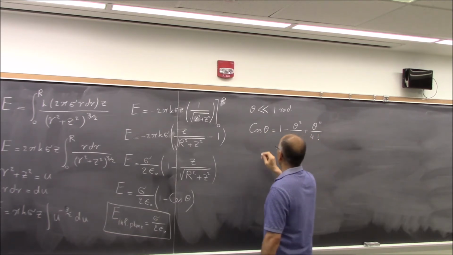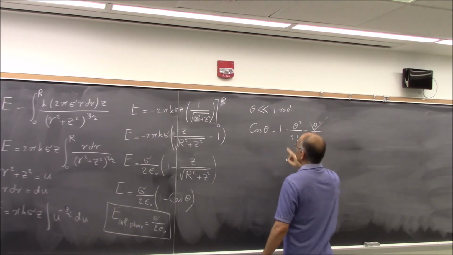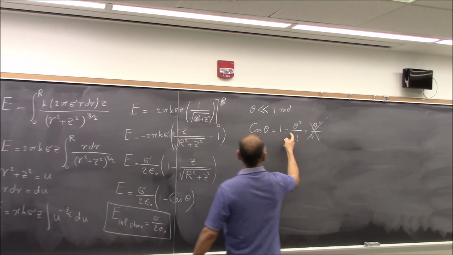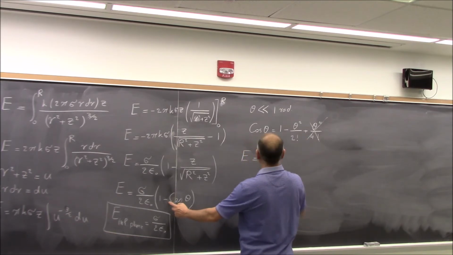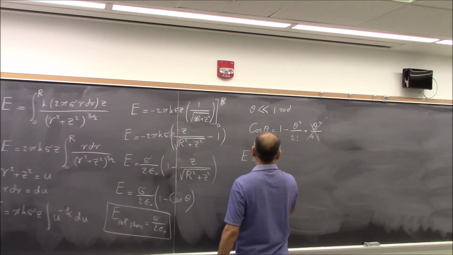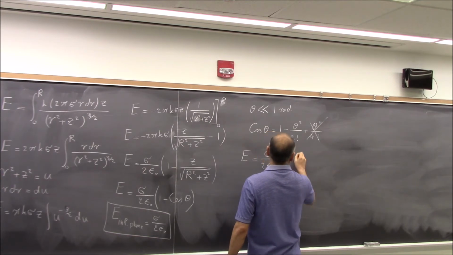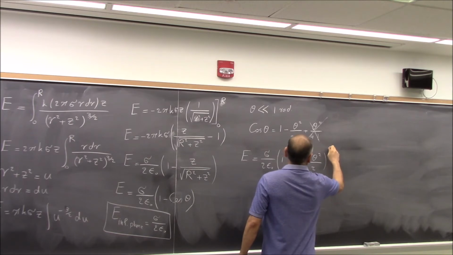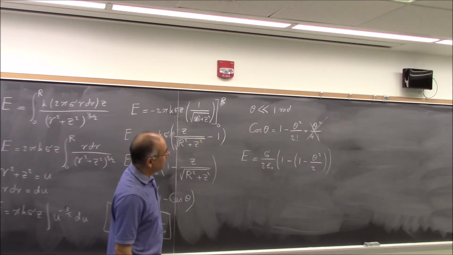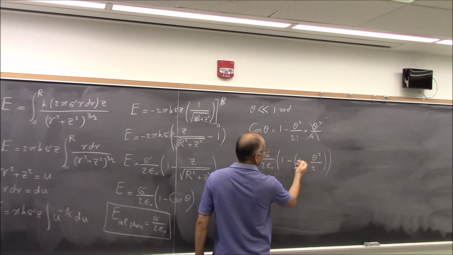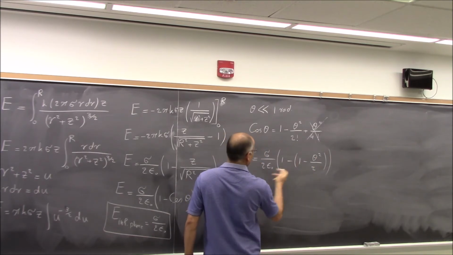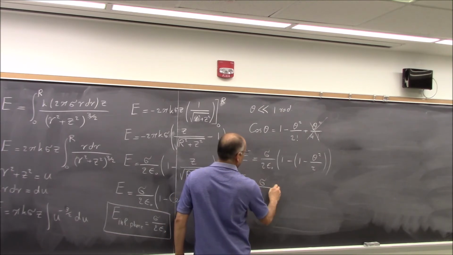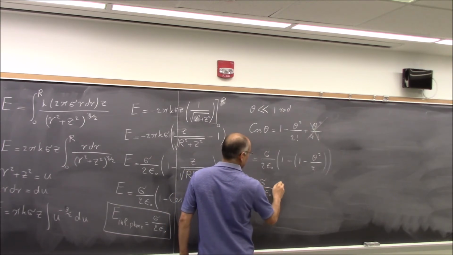But if theta is very small, you can ignore the higher terms, and then E becomes sigma over 2 epsilon naught times 1 minus, 1 minus theta squared over 2. If you ignore the higher order terms, 1 minus 1 goes away, the negative times negative becomes positive, we get 4 in the denominator, E equals sigma over 4 epsilon naught theta squared.